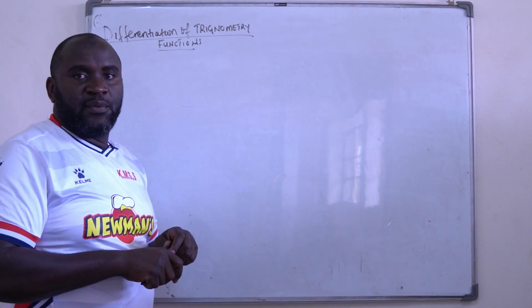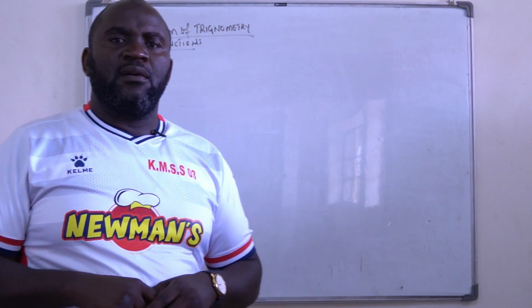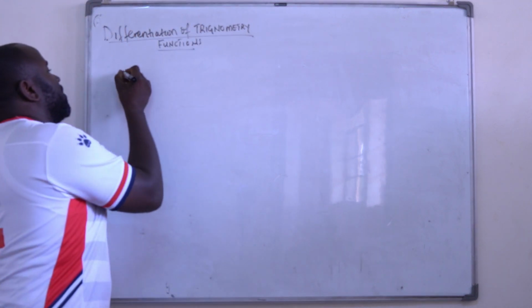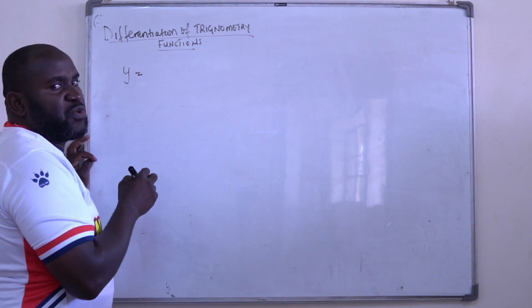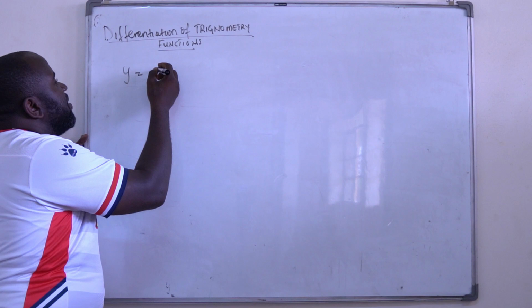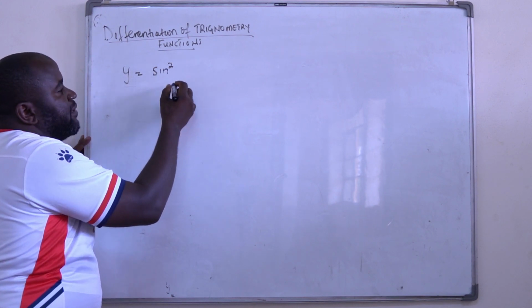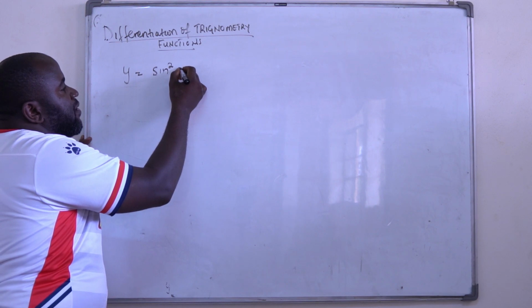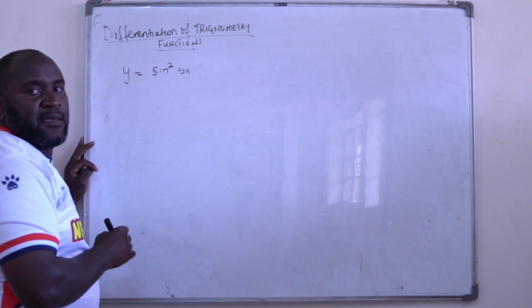In this case, we are going to realize the following. We are going to have a trig function, for example function y, which can be in the form maybe sine squared of bx.